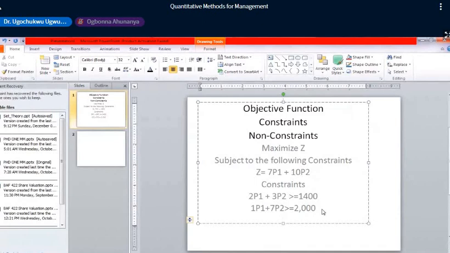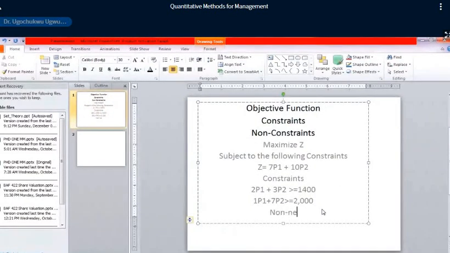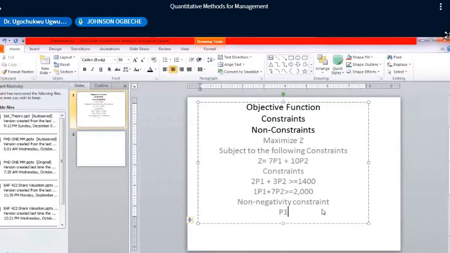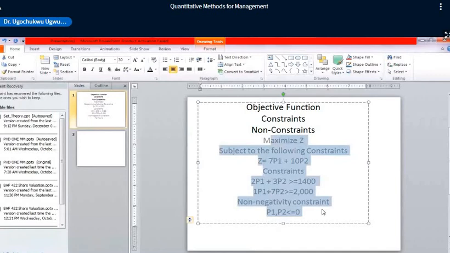And then let us now have a non-negativity constraint, where P1 must be greater than or equal to zero, and you have to specify your linear programming function.